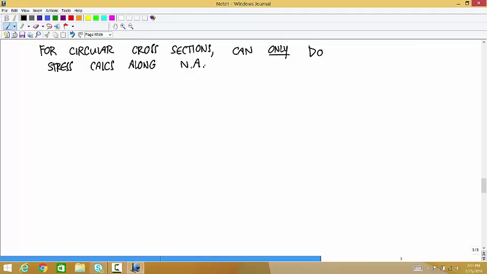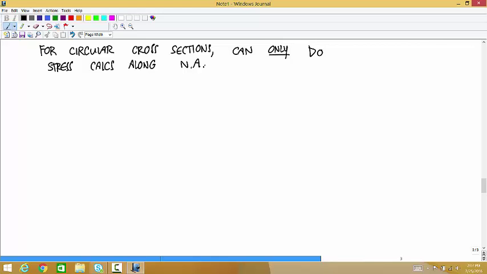And because of that, the value of Q is always the same, just depends on the radius of the circle, because you're not going up or down at all. And the value of B is always the same, it's just the diameter of the circle.